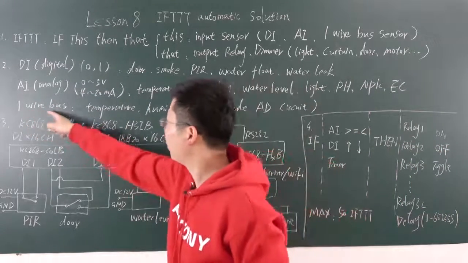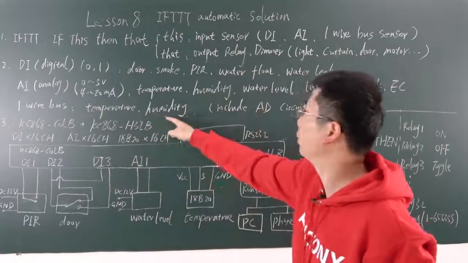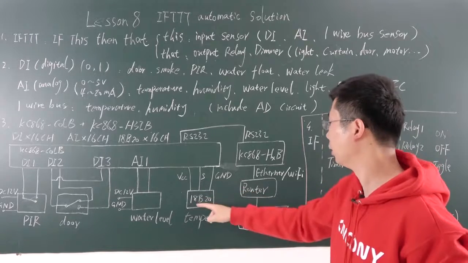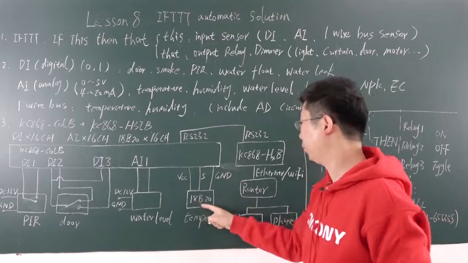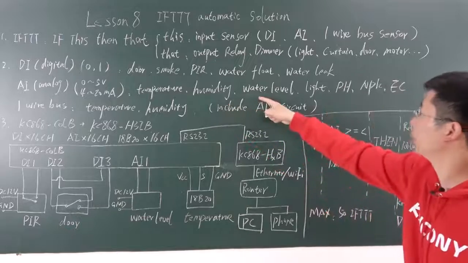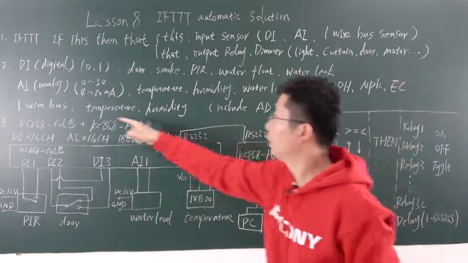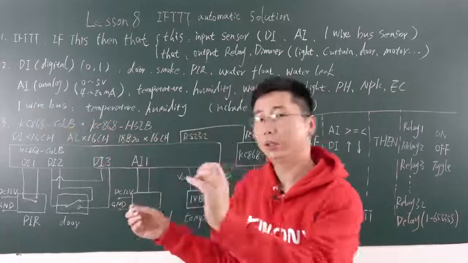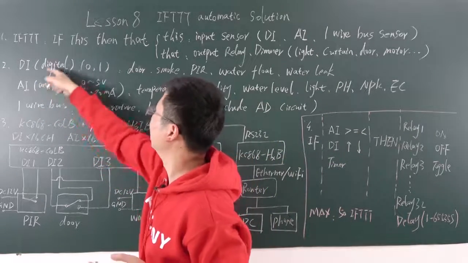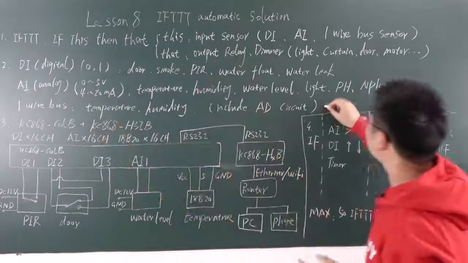And this is the one-wire bus for our board. This is for temperature and humidity, called the DS18B20 temperature sensor module. It includes an AD circuit, because the sensor output is a digital signal, but this digital signal is different from the two-state one. It is a signal output.